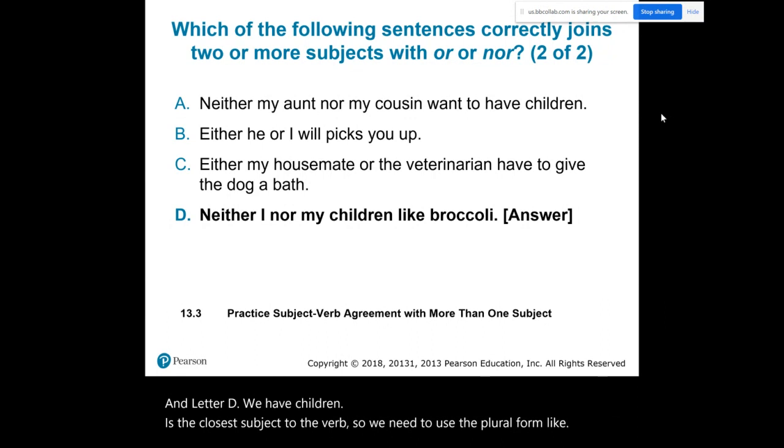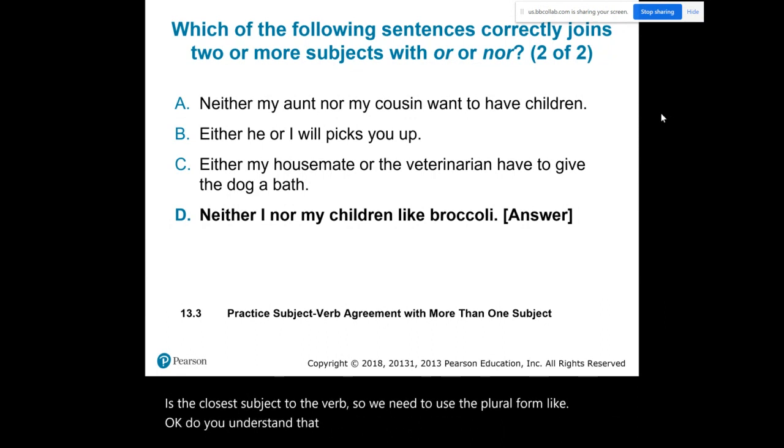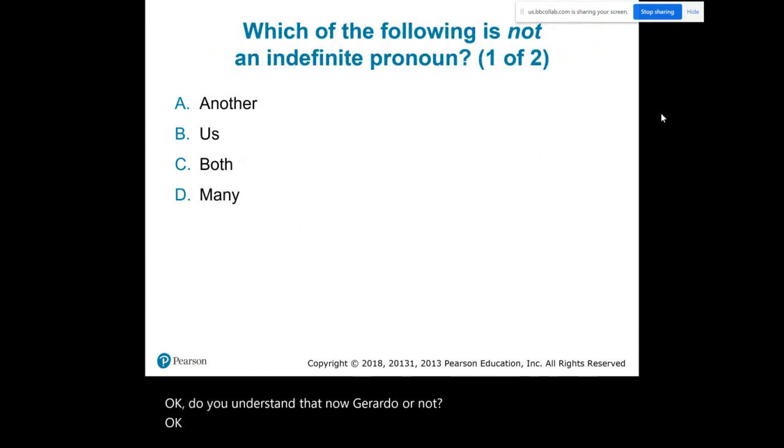Okay, do you understand that now, Gerardo, or not? Yes. Okay, kind of tricky. All right, let's see, Lucia, it's your turn. Which of the following is not an indefinite pronoun?